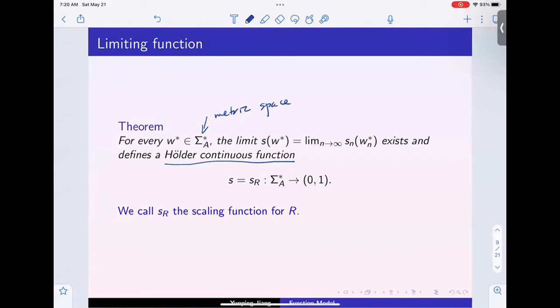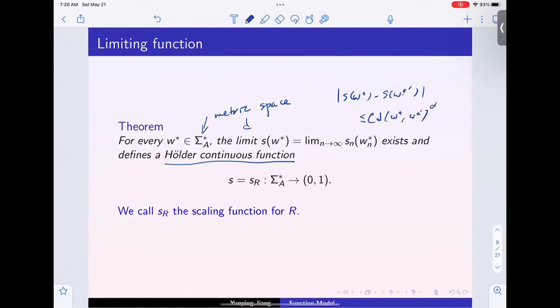And Hölder means that the absolute value of S(w star) minus S(w star prime) is less than some constant C times the metric D(w star, w star prime) to some power alpha.